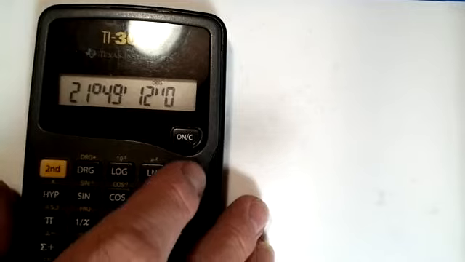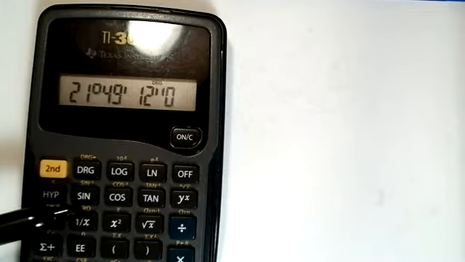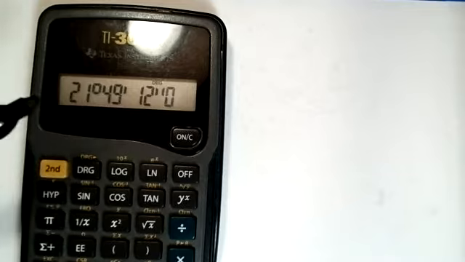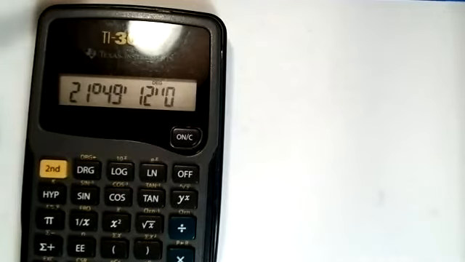Now, why do I spend so much time talking about degrees, minutes, seconds and their conversion? Because a lot of the problems you encounter, especially at the end of chapter 2, have the measurements of angles in degrees, minutes, seconds. But when you use these trig functions on these calculators, it does not know what to do with something typed in as degrees, minutes, seconds.